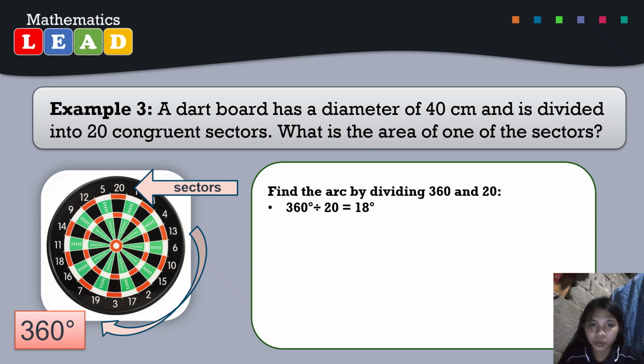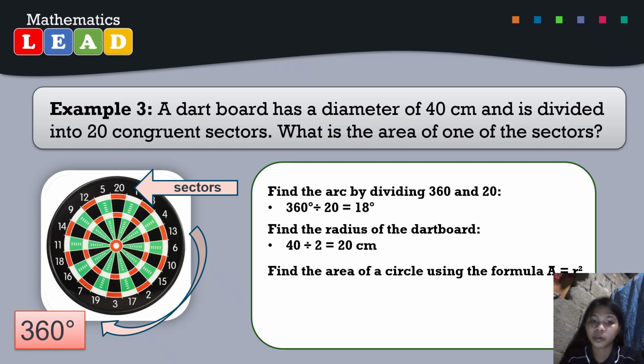To find the radius, we divide the diameter by 2, which is 40 divided by 2 is 20 centimeters. To find the area of a circle, we use the formula A is equal to pi r squared. Substituting the given, we have A is equal to pi times 20 squared, which is approximately 400 pi.